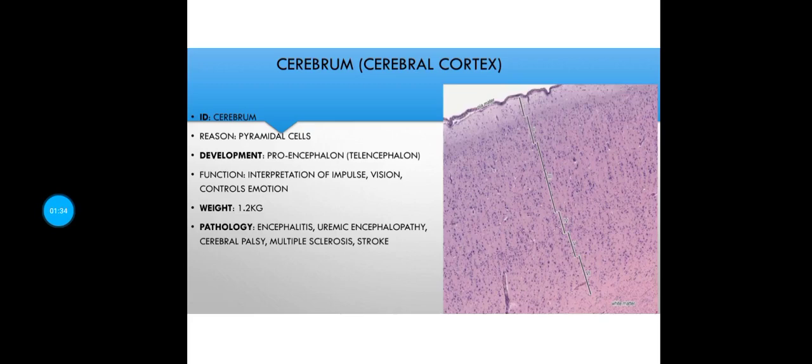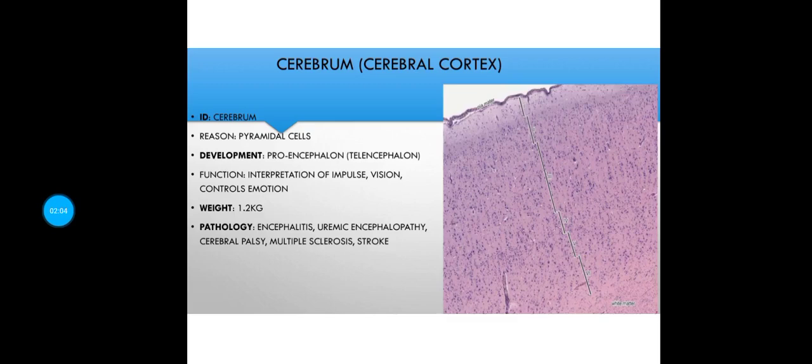The weight is about 1.2 kg, and the pathologies involving the cerebrum include encephalitis, uremic encephalopathy, cerebral palsy, multiple sclerosis, and stroke. The structure of the cerebrum is divided into an outer gray matter and then an inner medulla.